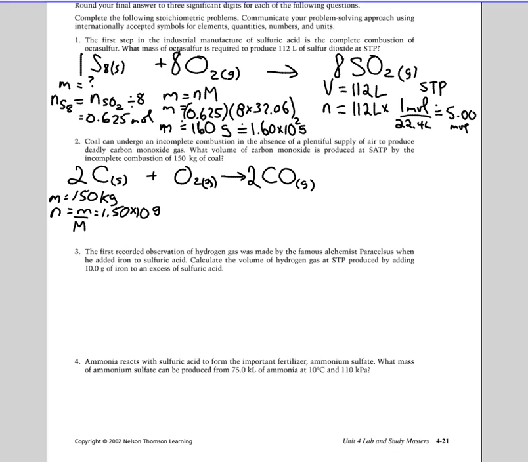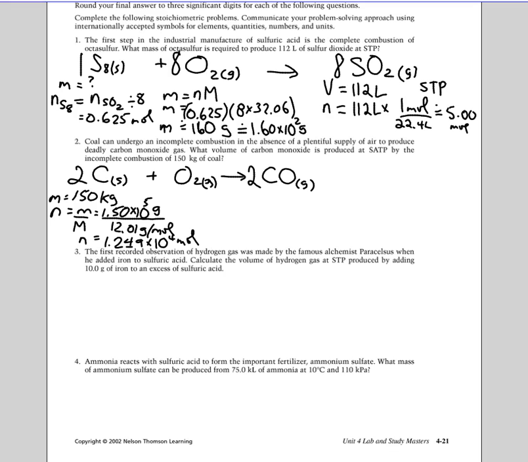Okay, so that's the number of grams. Divide that by the molar mass of carbon at 12.01 grams per mole, and I get approximately 12,490 moles. So to the 3rd significant digit, that's 1.249 times 10 to the 4 moles.